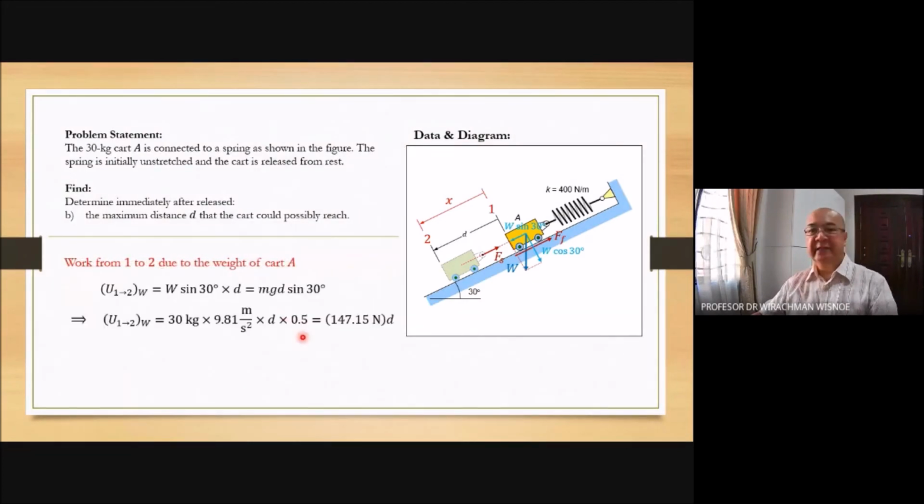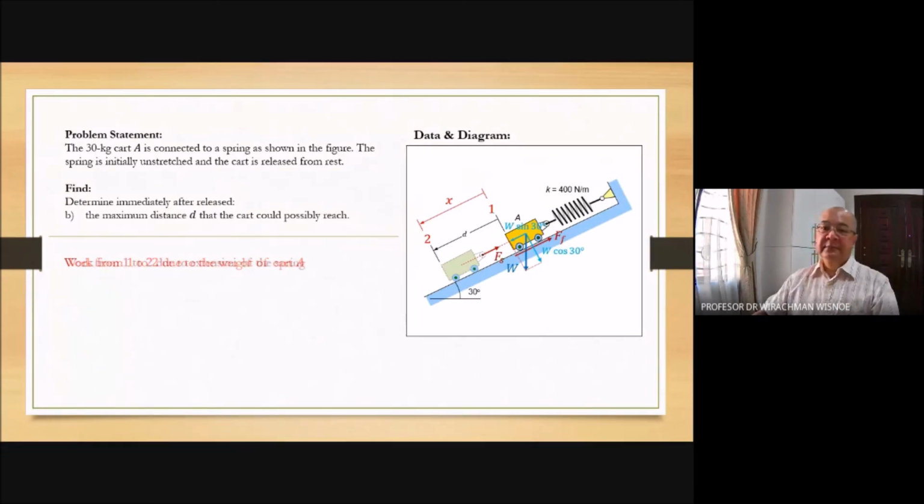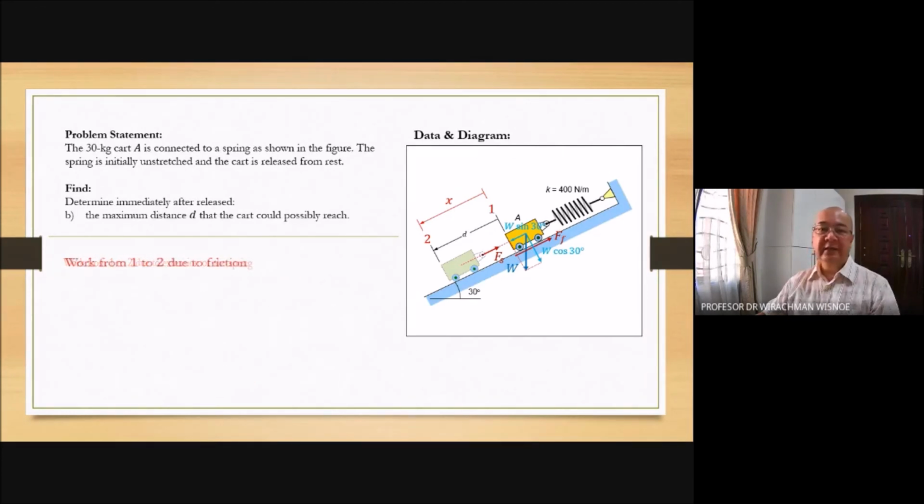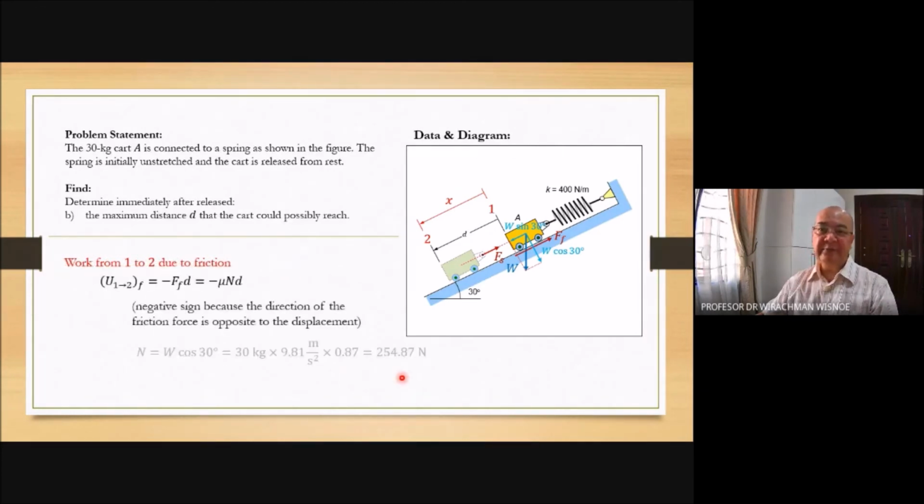Just like previously, the work from the cart due to the weight is still m g d sine 30 degrees, but now the d is unknown. And from the spring, also the same equation, except now the x, which is the d, you don't know. And also from the friction, it's the same equation, minus mu N d, but we don't know the d.